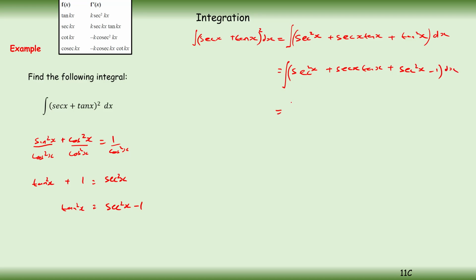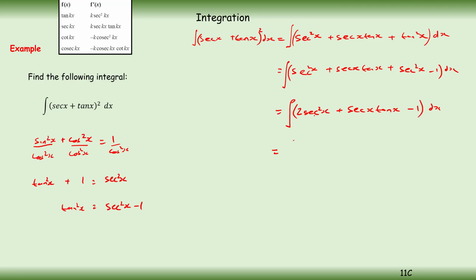So that's going to be the integral of 2 sec squared x plus sec x tan x minus 1 with respect to x. And now we can integrate.